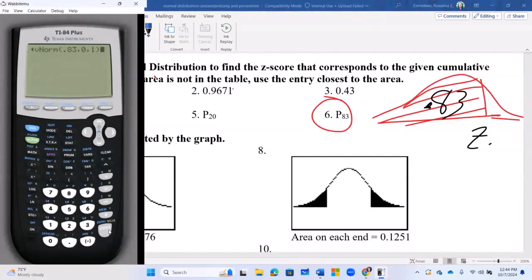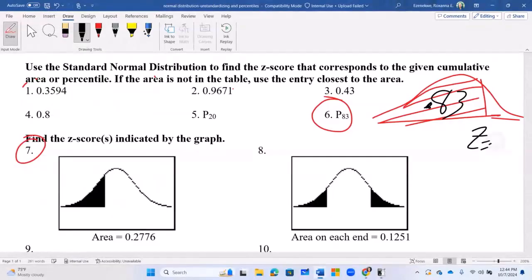So I'm going to paste, and then I'll get my answer. Therefore, the z-score that corresponds to the area to the left of 83% is z equal to 0.95. So that is the z-score.